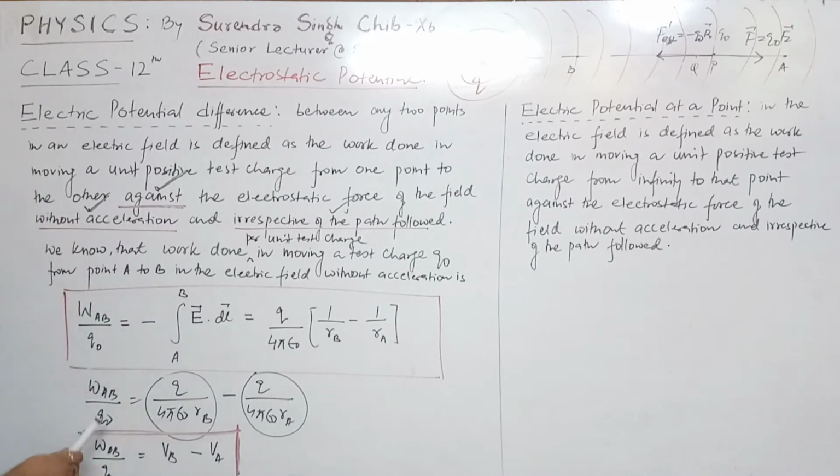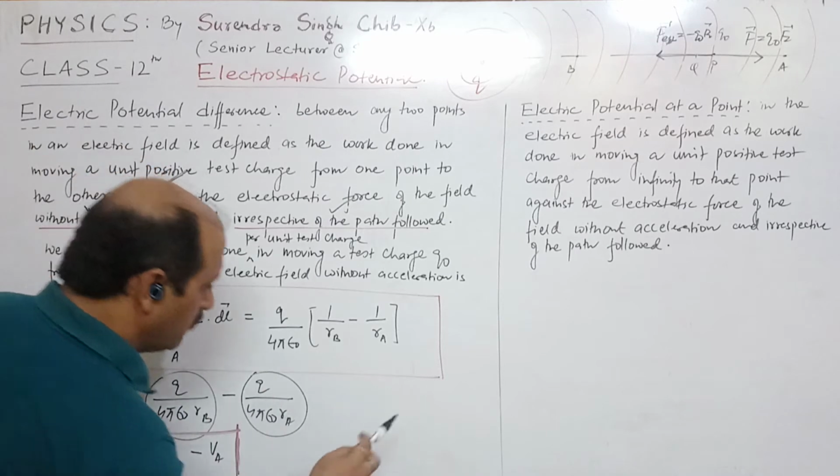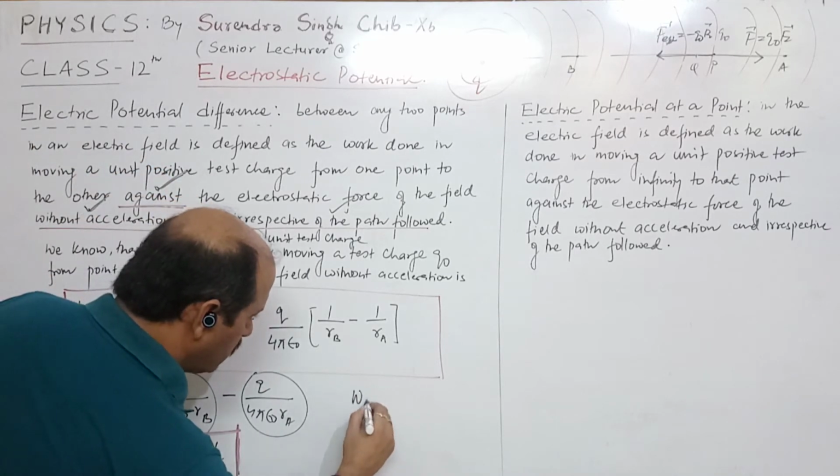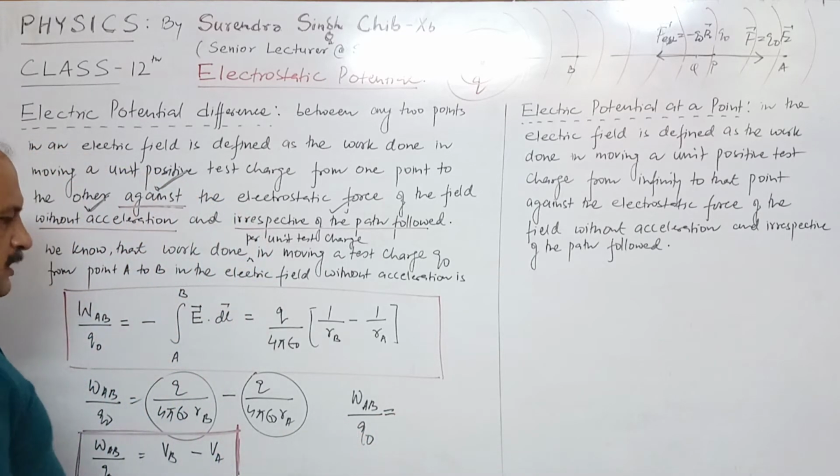Work done per unit charge gives the potential difference between two points in the electric field. So I am writing it again here. What have we got? We got a very important formula. What is the formula? Work done from A to B per unit test charge. We divide by the charge which we are bringing.